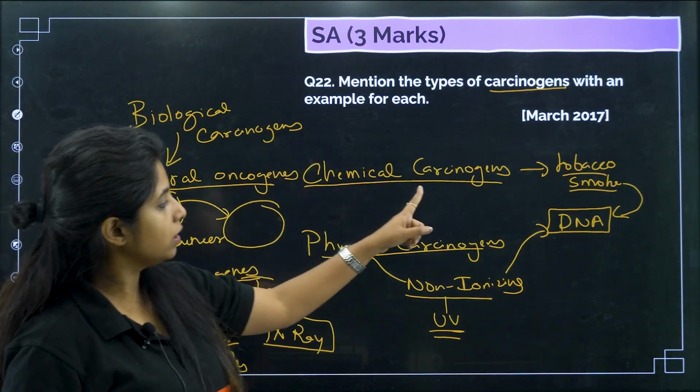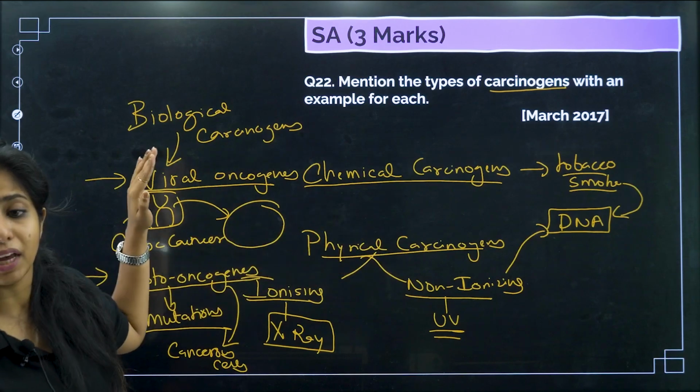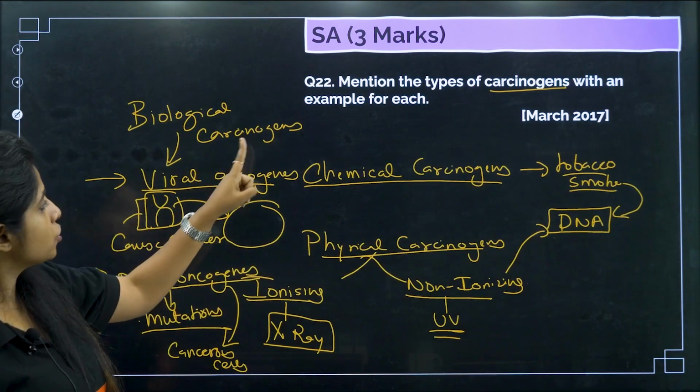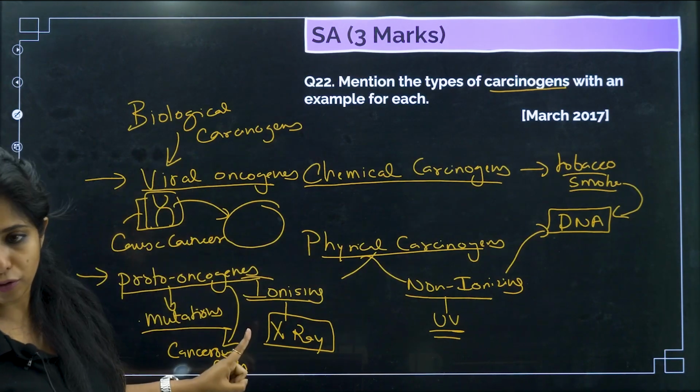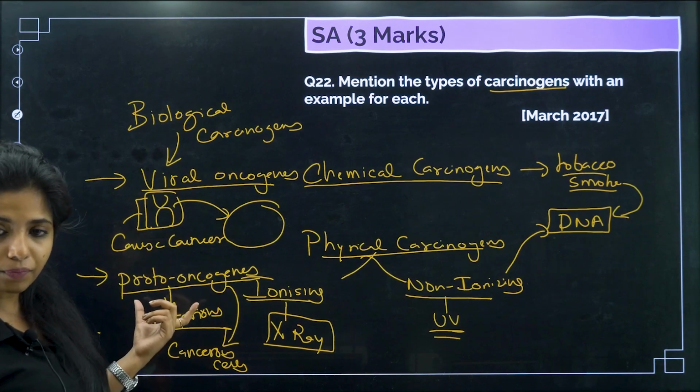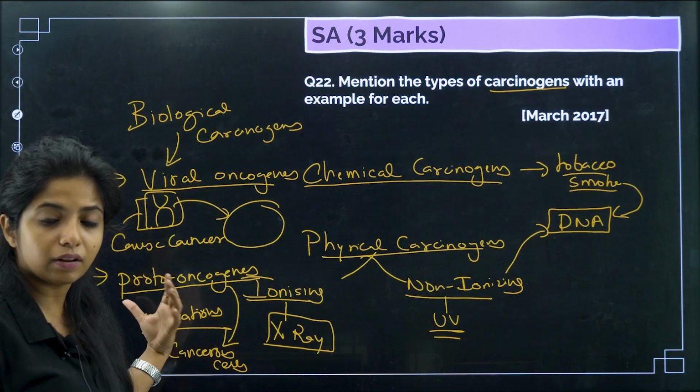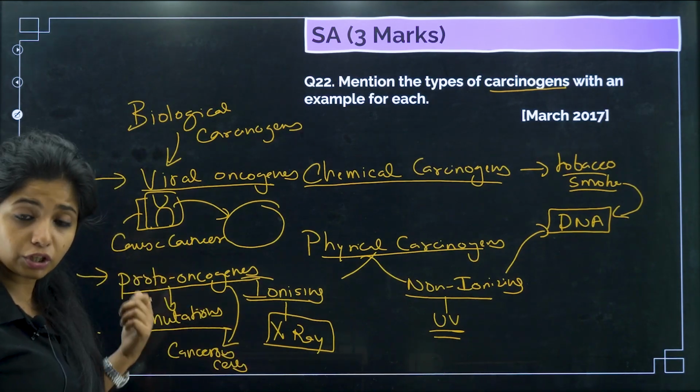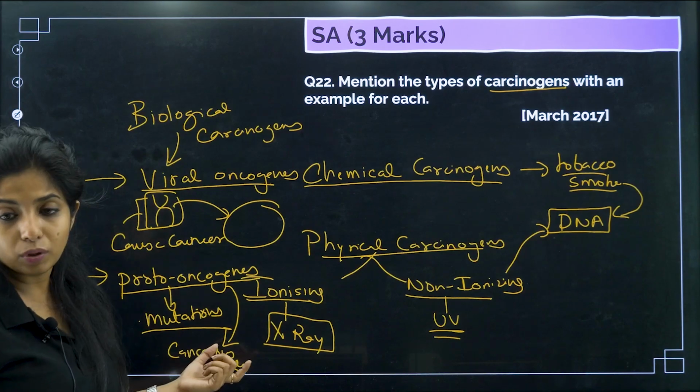So we have chemical carcinogen, physical carcinogen, and biological carcinogen. In biological, you have viral oncogene and then proto-oncogenes. These are normally not actively cancerous. Basically, if mutations have been caused, then they turn cancerous.